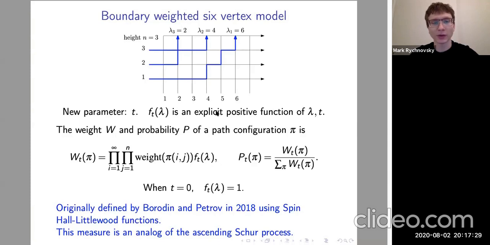It's an explicit positive function. We're going to think of t as time. It'll be a non-negative integer. Now adding this boundary term destroys the stochasticity, so the weights don't sum to 1. So now to get the probability measure, we divide by the normalizing constant.